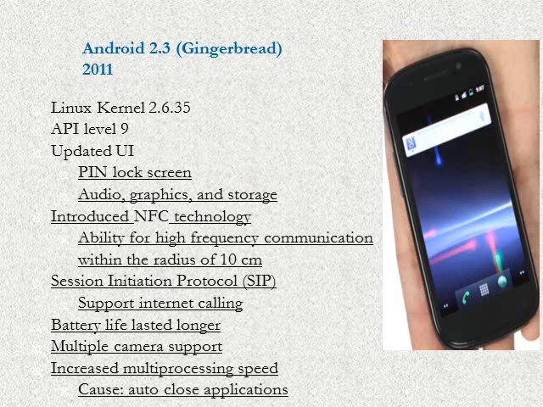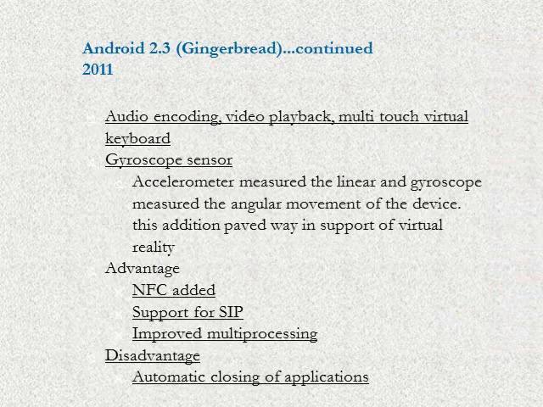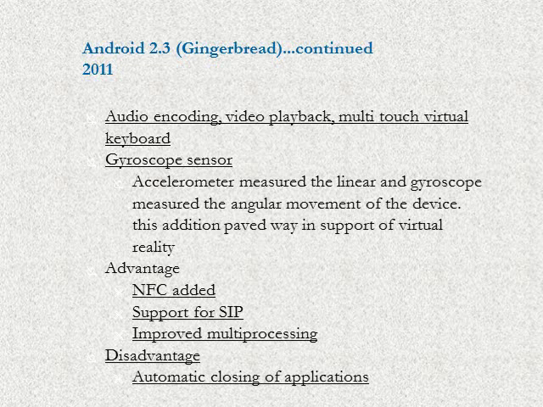In this version, they also supported multiple cameras and improved the speed of multiple processes running on the system. There was a disadvantage of this Gingerbread, that in order to enhance the speed of the system, they closed several applications automatically.